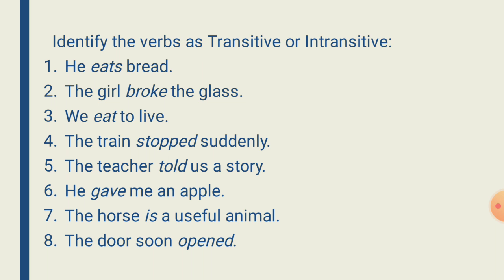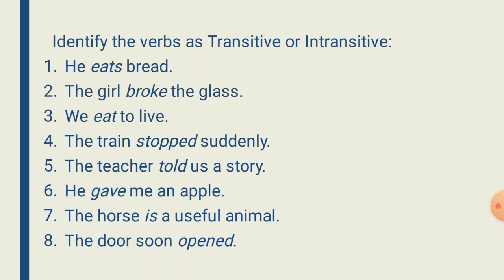Now, after my explanation, try to find out the answers. You will get them easily. In the first sentence, he eats bread. Eats is a transitive verb. The girl broke the glass. Broke is a transitive verb. We eat to live. Eat is intransitive because it doesn't take any object. The train stopped suddenly.